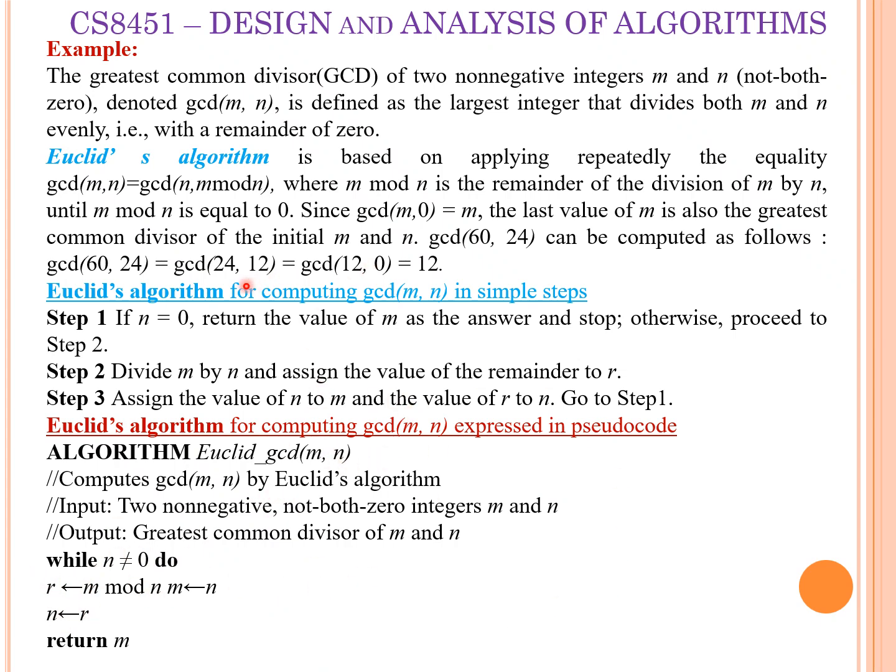Here the r value is 12, so r becomes the n value. That is how I am repeating the procedure. The while loop is defined until n is not equal to 0. When n equals 0, the loop exits. The same procedure is repeated again and again until n becomes 0, and then I have to return the value of m. That is what has been defined here.